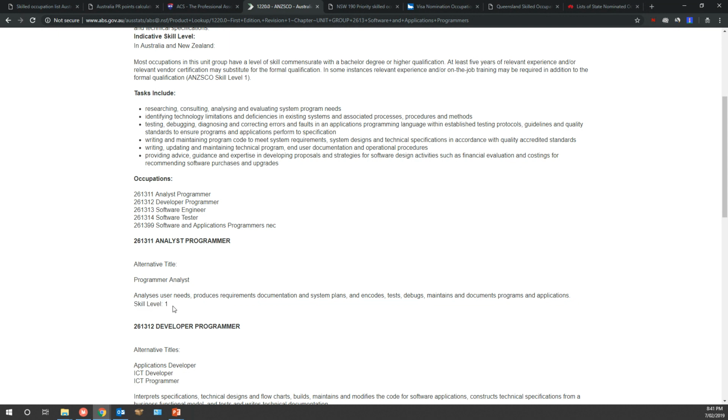Skill level 1 means, according to ANZSCO, that you would need to have at least a bachelor degree, which you're having. But interestingly, it depends on the skills assessment authority. Sometimes, despite ANZSCO telling that a person must have a higher degree, the skills assessment authority does not need the person to have the higher degree.